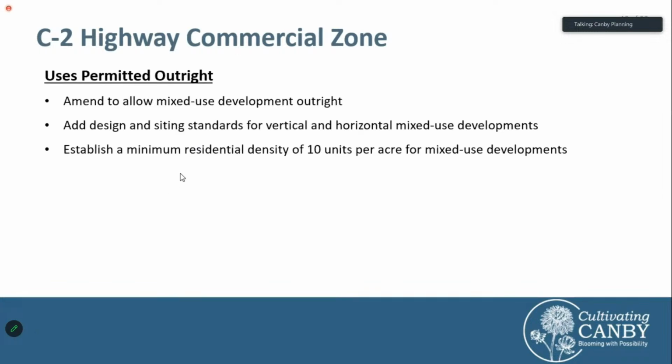So looking at the C2, the Highway Commercial District, this one took a little bit more work. What we looked at here is finding a way to provide an opportunity for mixed-use development in this zone, and in particular, creating definitions and siting standards for both vertical and horizontal mixed use.